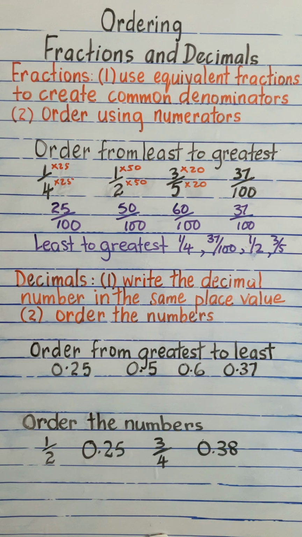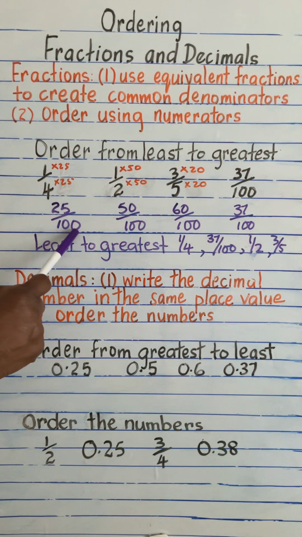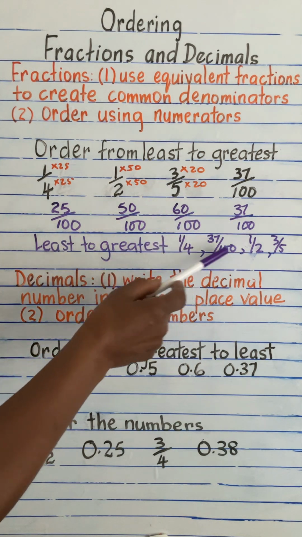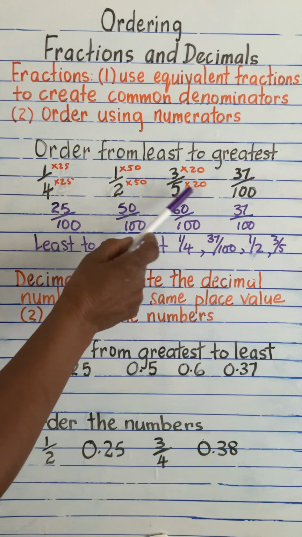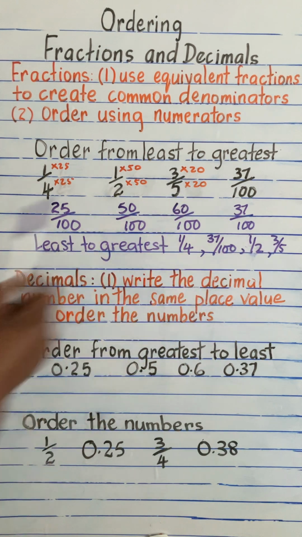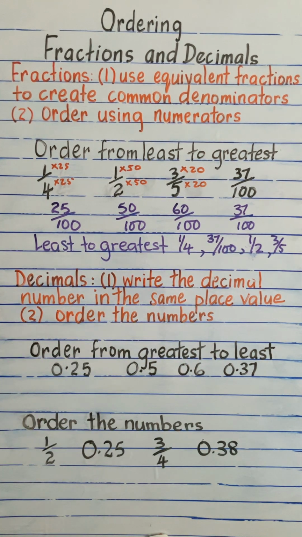So to order fractions, we bring them to the same denominator, and then we order accordingly. So it's from least to greatest: a quarter, 37 over 100, a half, and 3/5.